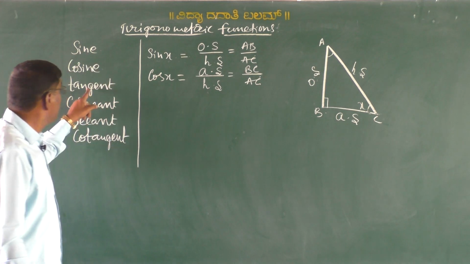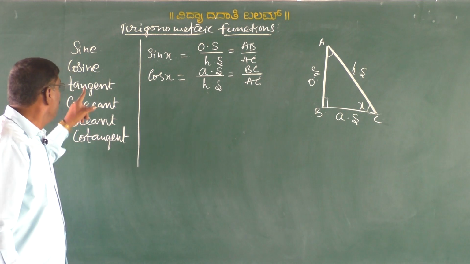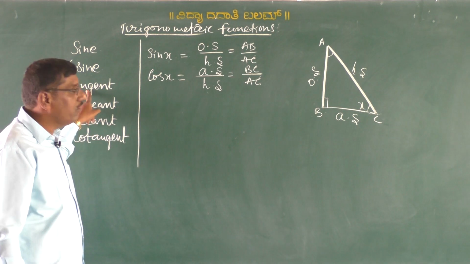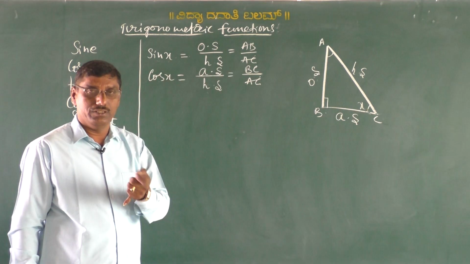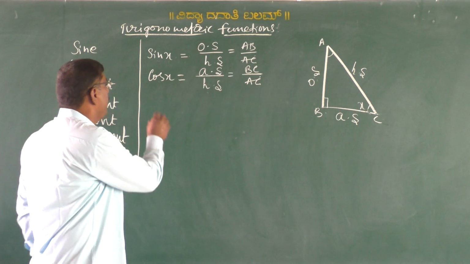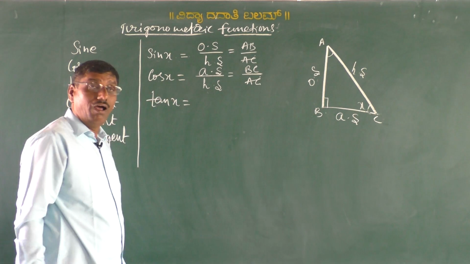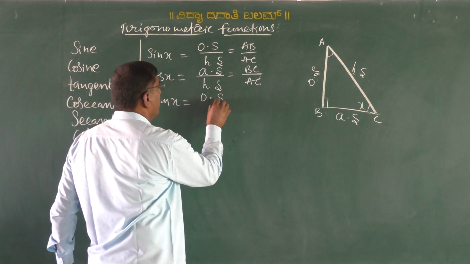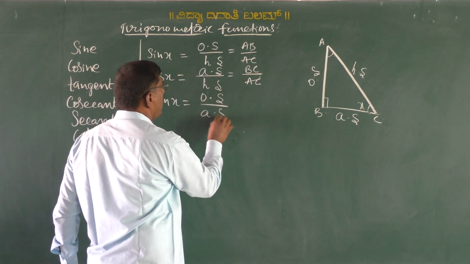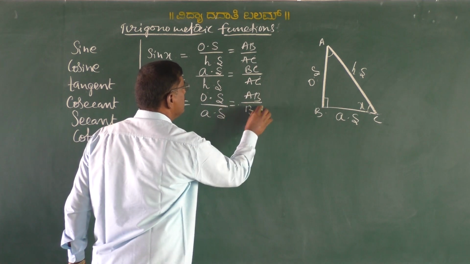Next, the tangent. These are all trigonometric functions, isn't it? The tangent of an acute angle x can be denoted as tan x and defined as opposite side divided by adjacent side, that means AB divided by BC.